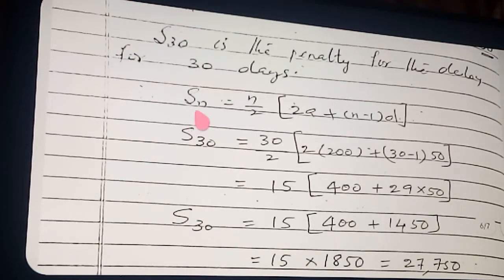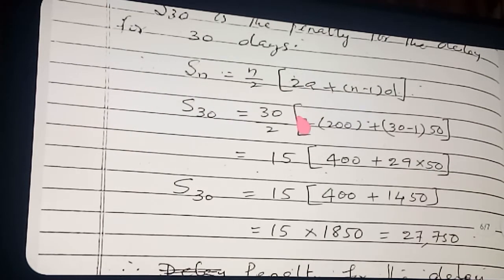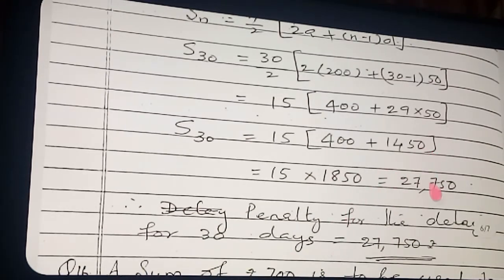Therefore Sn is equal to n/2 [2a + (n minus 1)d]. So S30 is equal to 30/2 into [2 times 200 plus 29 times 50]. Apply and calculate. Same amount you got, 27,750.